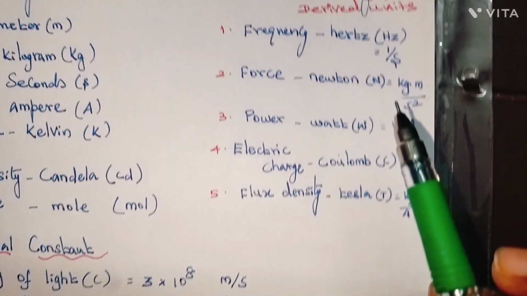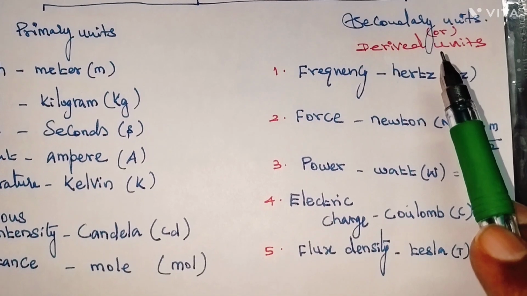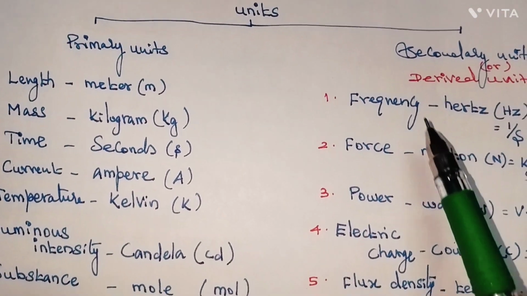Secondary units are derived units. The secondary units are derived from the primary units. First one is frequency.